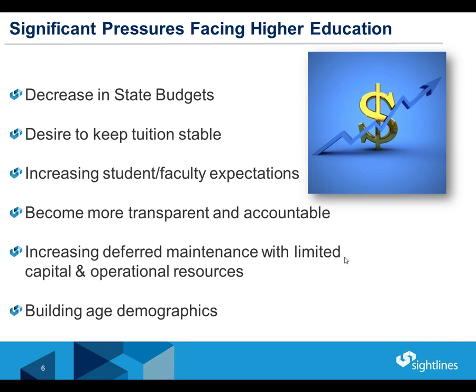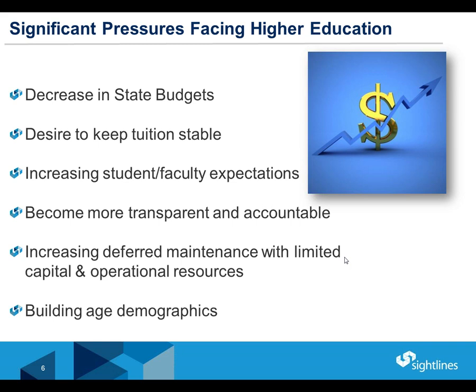The other two big pressures are, first, increased deferred maintenance as capital budgets are limited and operational resources are limited and stretched even further. We're seeing the backlog of deferred maintenance up over the last 5 years by about 15%, with increases of about $2 to $3 a square foot per year. And then finally, the building age demographics.